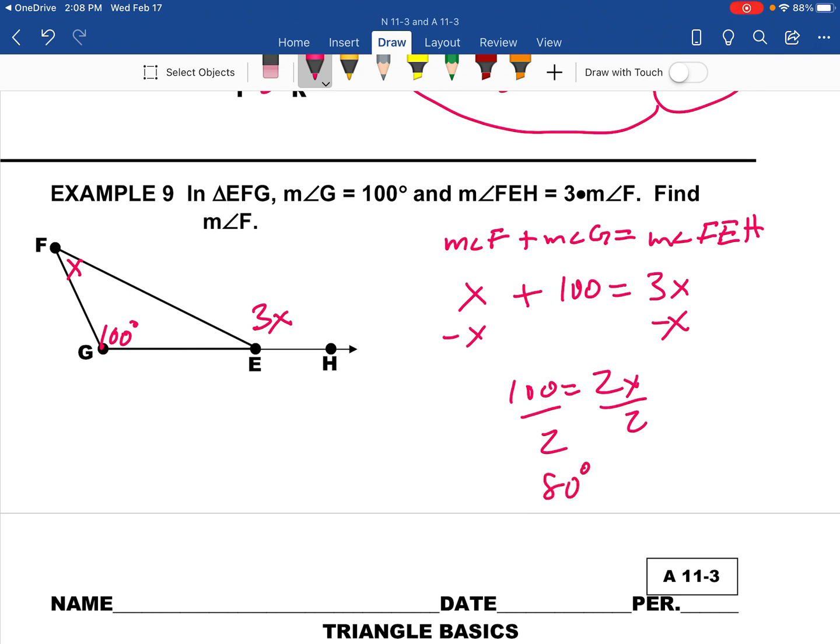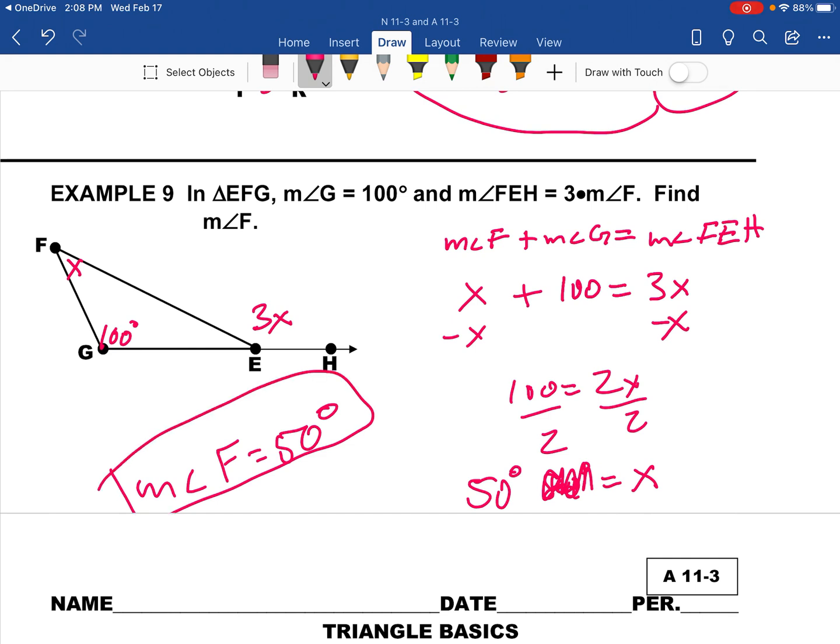So x is equal to 80 degrees. Okay, it wants the measure of angle F, not 80, 50 degrees. You gotta make sure you check my math. So the measure of angle F is 50 degrees. A little bit tricky, but no doubt you guys can handle that.